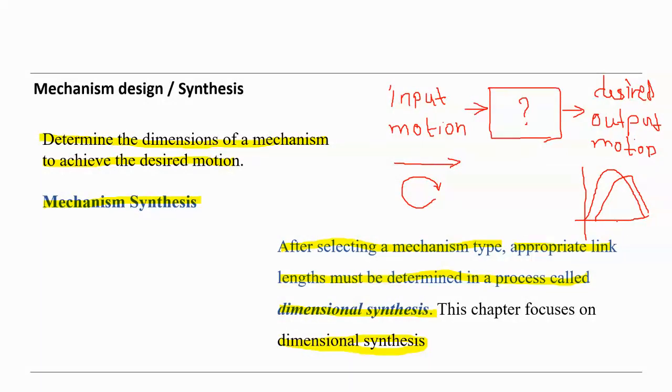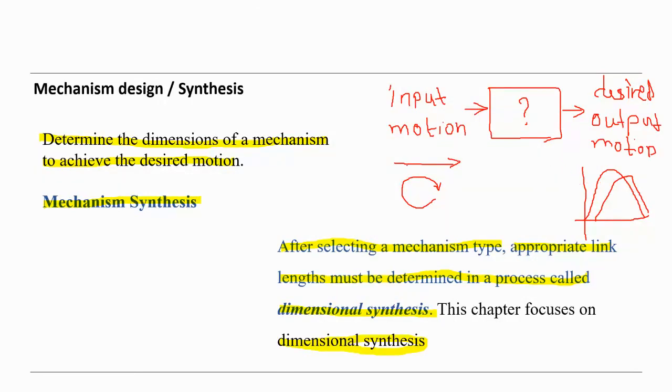We will see later on, we will discuss the CAM mechanism, and in case of CAM mechanism, the output motion is very different regarding the 4-bar mechanism. So the desired output motion is the motion we use for the machine, for our task.